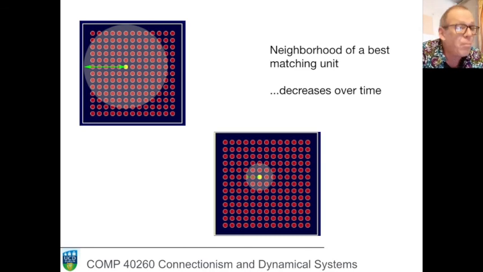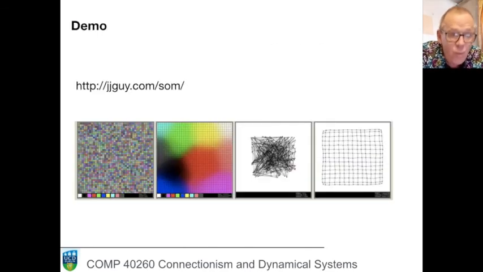Once more, my words are probably not the best way to learn this. So there is a lovely demo which gives you multiple examples of this. It's on the web and you can play with this there, and I encourage you to play with it. And what you're seeing here is yet another dimension reduction technique, this time usually to 2 dimensions. And what you're seeing is that the projection from the input space to this 2-dimensional grid begins as a chaotic mapping with no order or coherence to it.